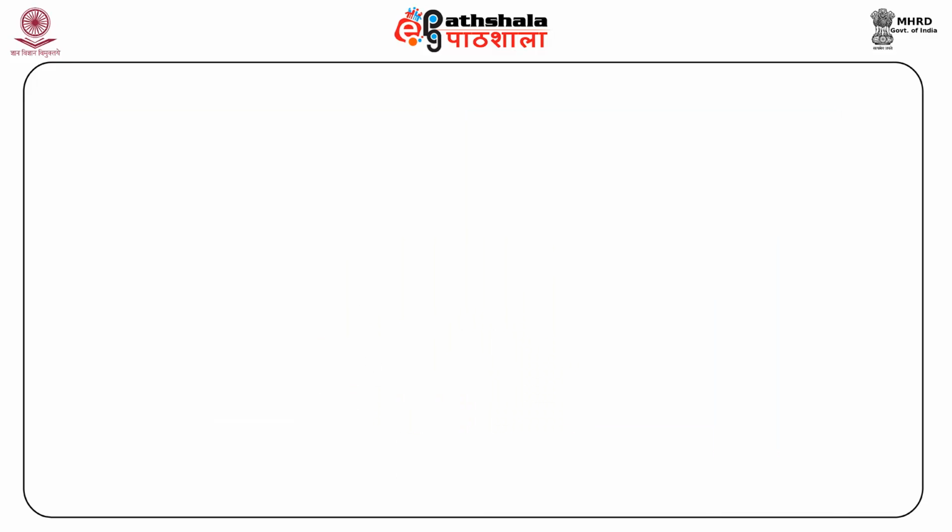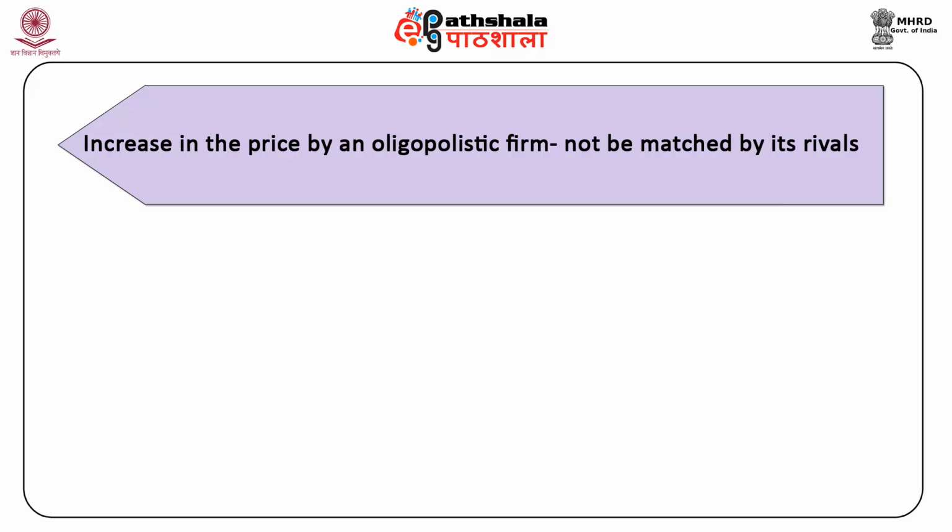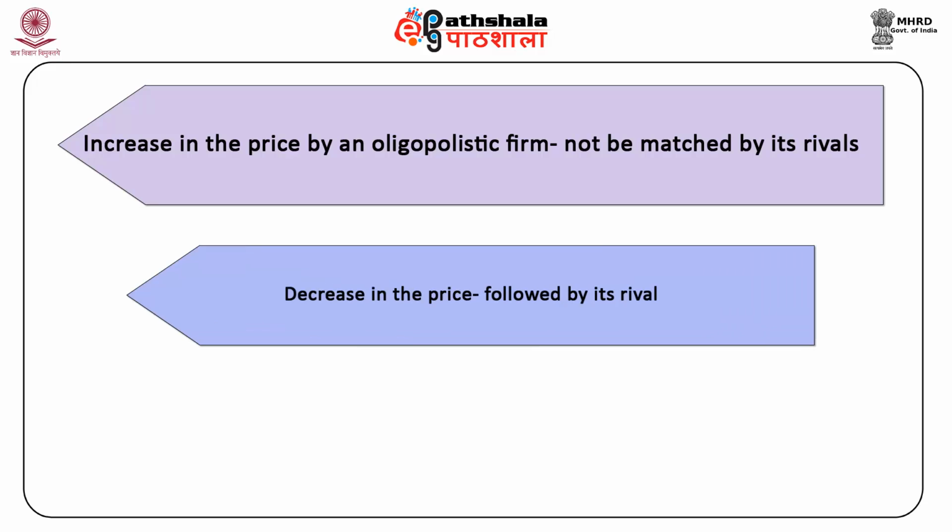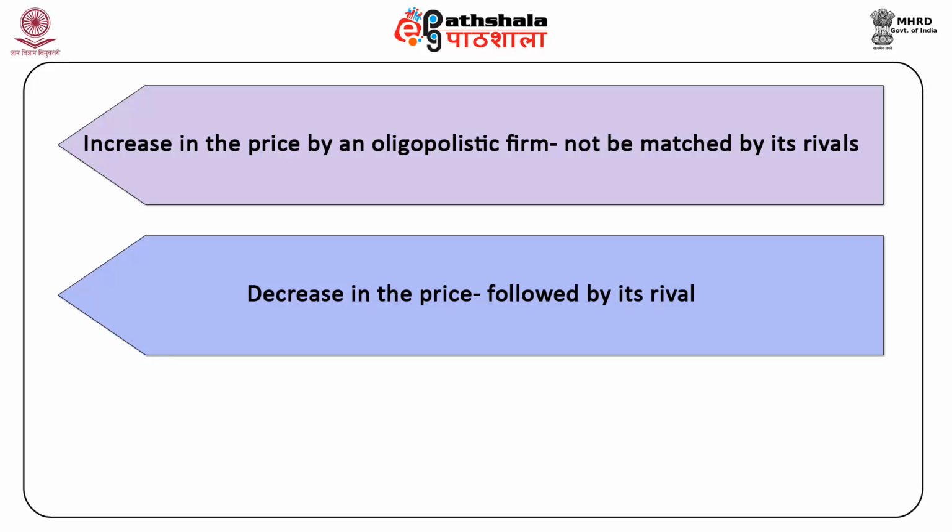The kinked demand curve with a kink at the current price is formed on the assumption that an increase in the price by an oligopolistic firm will not be matched by its rivals, but any decrease in the price will be immediately followed by its rivals.